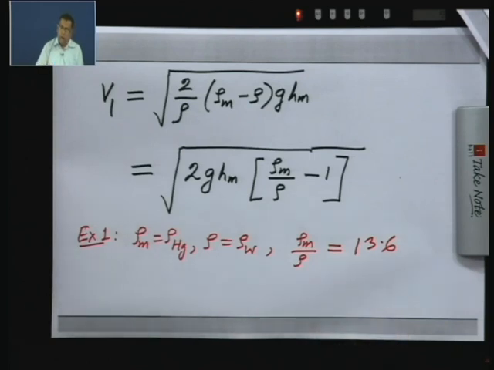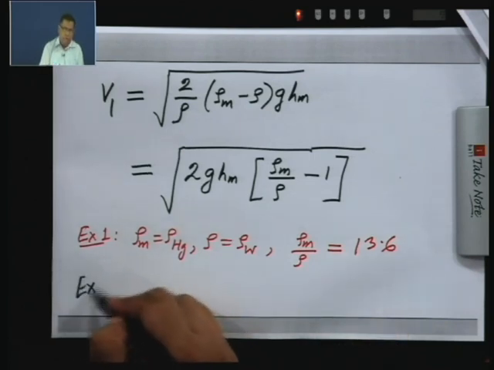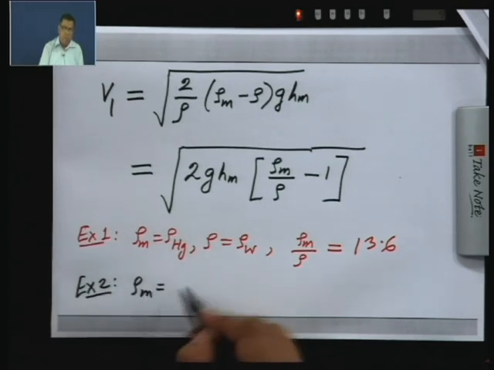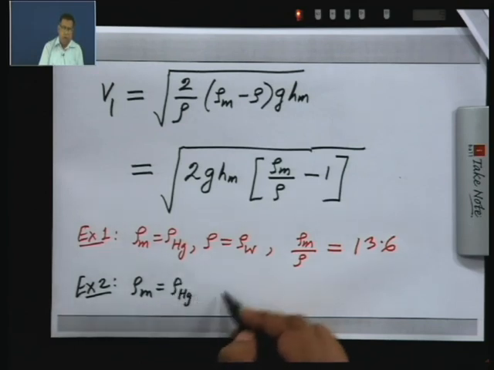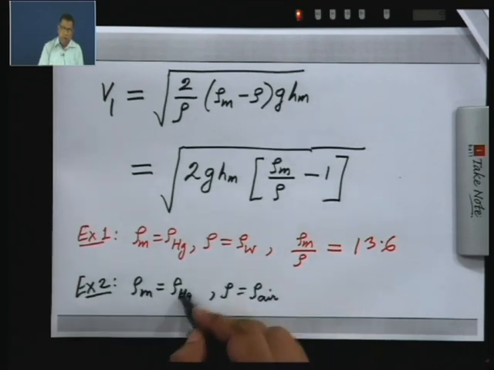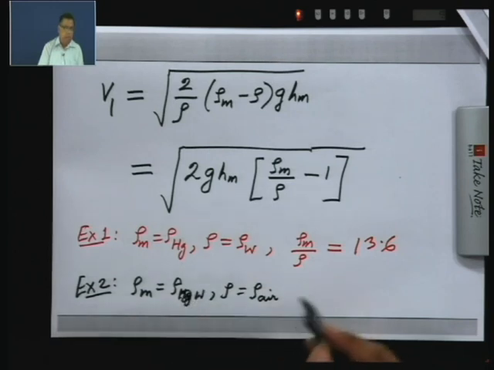Now, we will take another example. Let us say rho m could be rho of water, whatever it is, but rho is the rho of air. So, let us say this is water for simplicity.